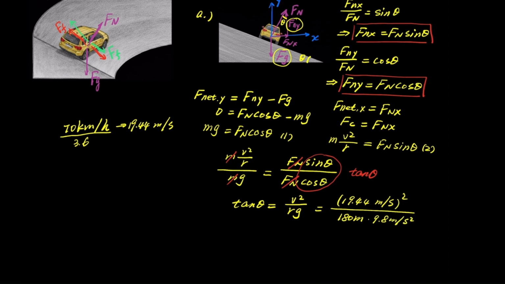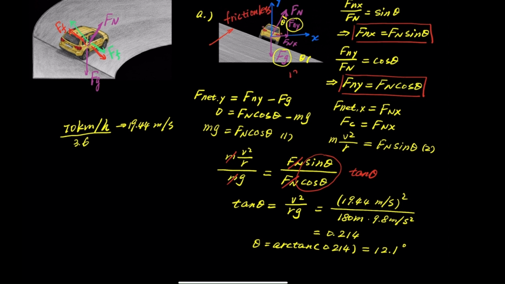That works out to about 0.214. To find theta, we take the arctangent of 0.214, which gives us an angle of approximately 12.1 degrees. So if the surface of the road is frictionless, it needs to be banked at 12.1 degrees so that a car driving at 70 kilometers per hour can pass through that curve safely.